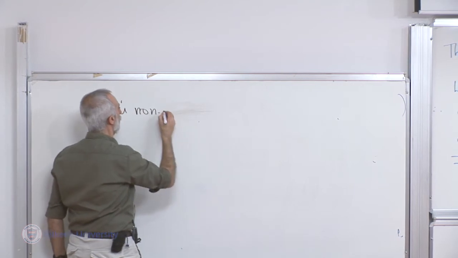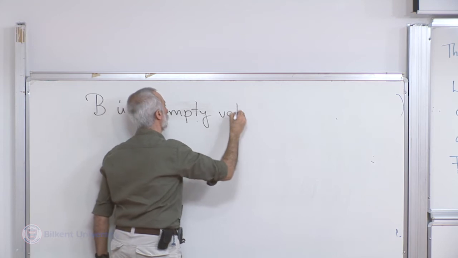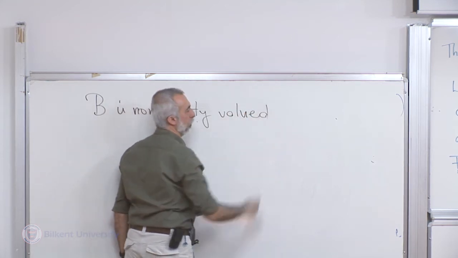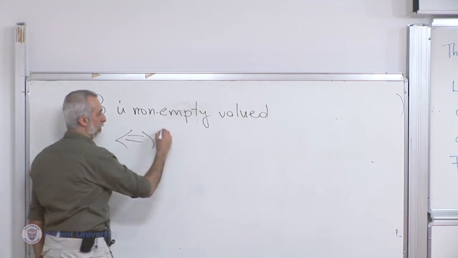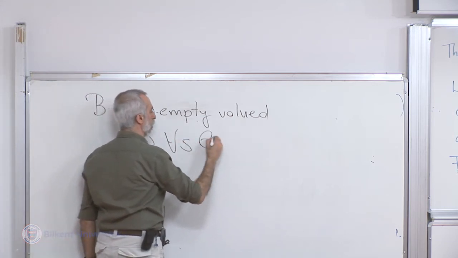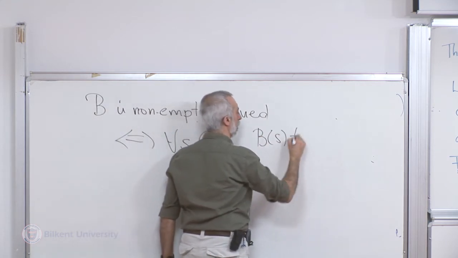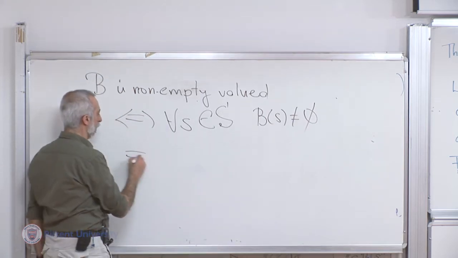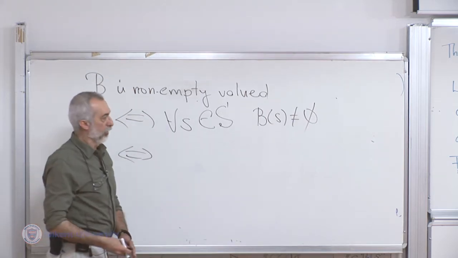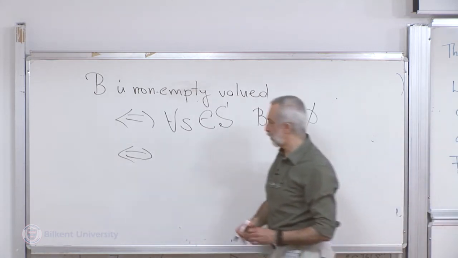B is non-empty valued. Well, what does that mean? It means that for any strategy profile S, B of S is not empty. Well, B of S was the Cartesian product of the individual best responses.